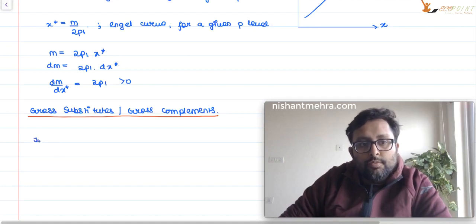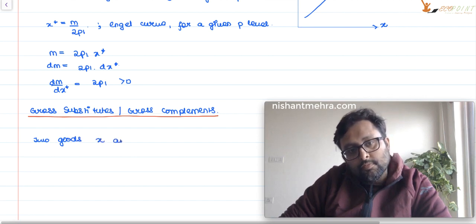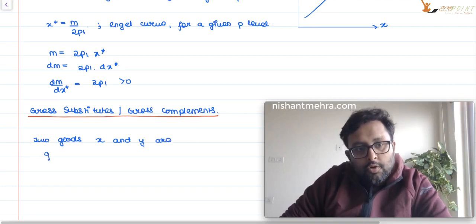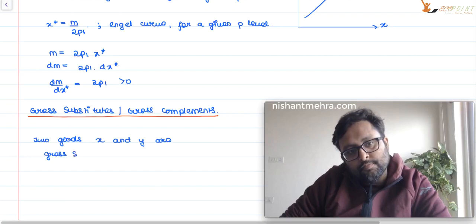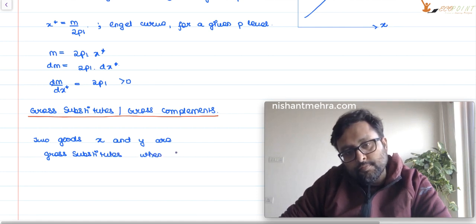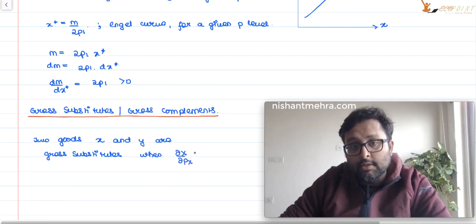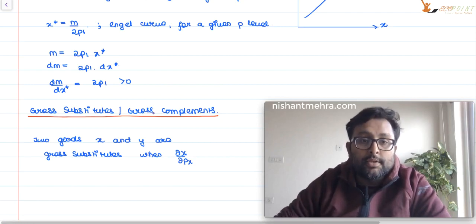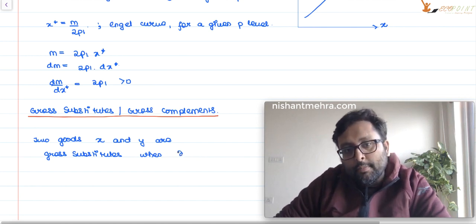So two goods X and Y are gross substitutes when del x by del py is positive, that is, when the demand for x responds to the price of y.